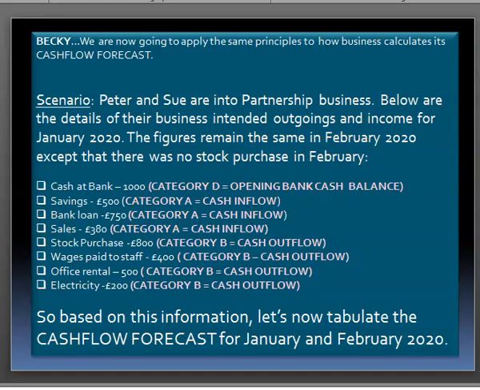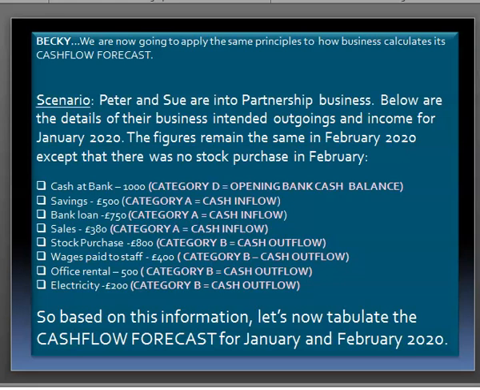I'm just going to quickly scribble this down. We have cash at bank, 1,000, then savings 500, bank loan 750, sales 380.